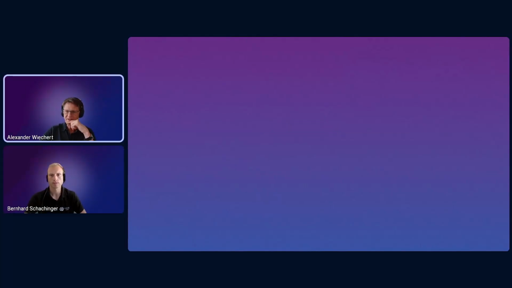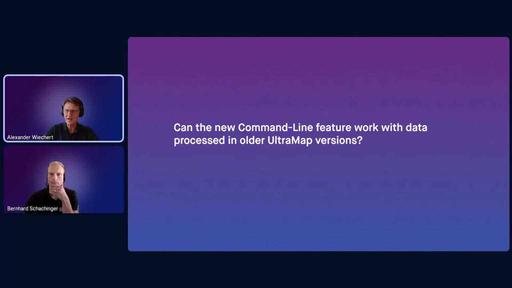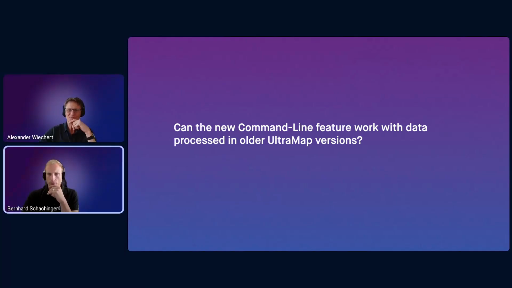All right, next question is, can the new command line feature work with data processed in older UltraMap versions? Bernhard, handing over that question to you. Yes, so this new command line feature, the command line interface, does not require that all data is processed with the latest UltraMap version.